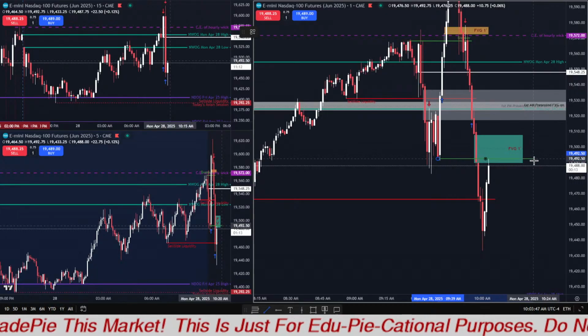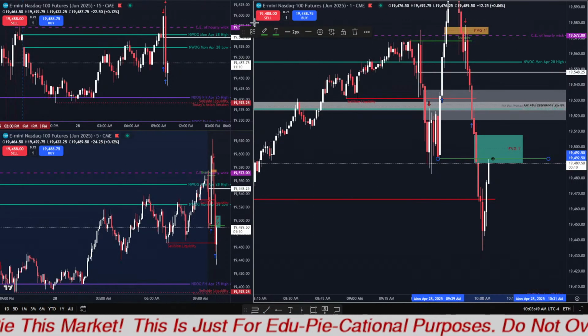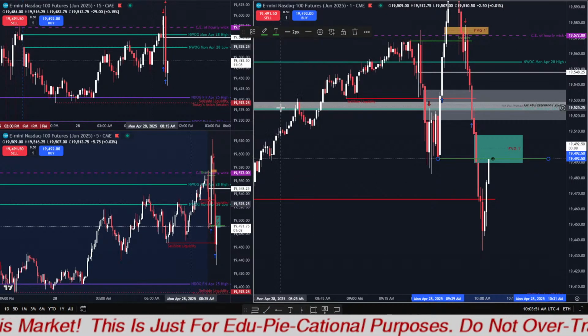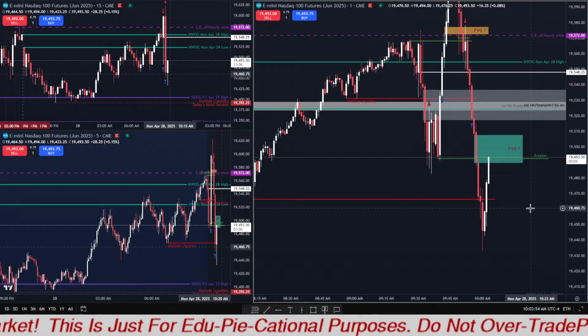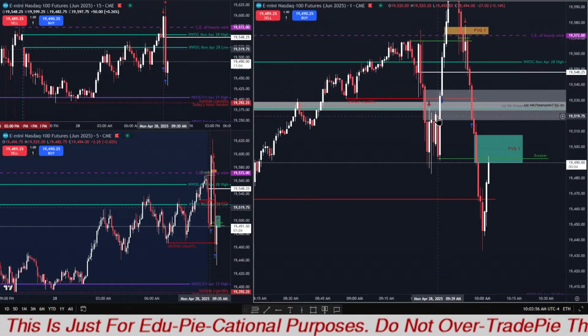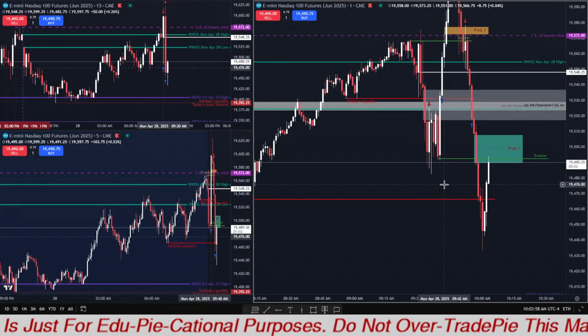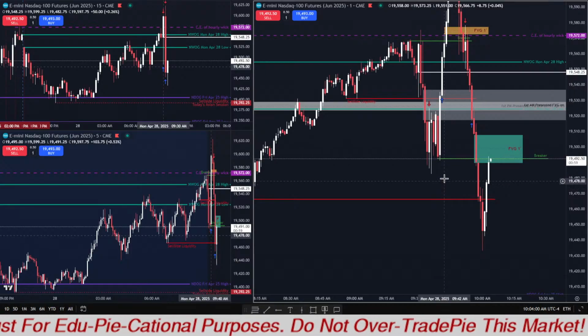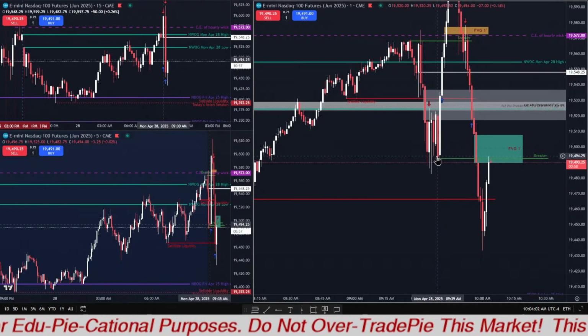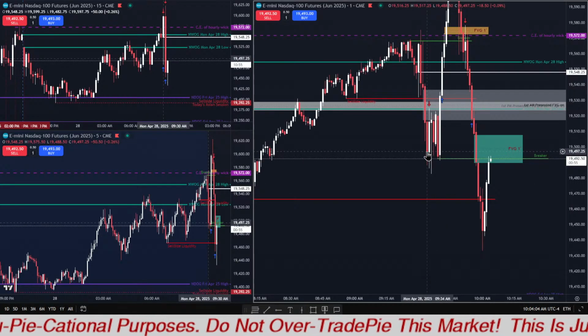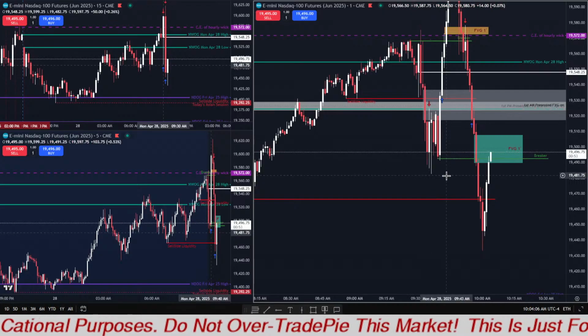Here this can be another bearish breaker that I'm watching, this down close candle. I consider this one because the body of this candle is lower with respect to this candle over here.